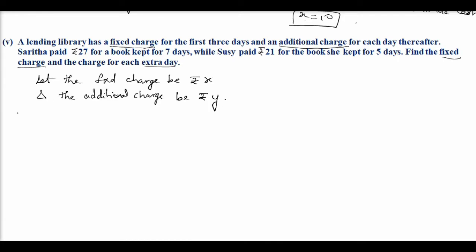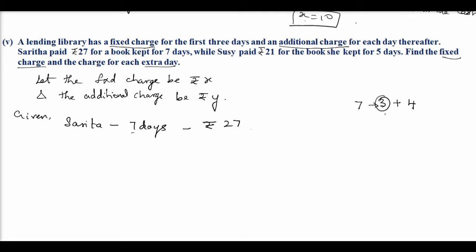Now, the first condition given is that Sarita had the book for 7 days, okay, and she paid rupees 27. This is the first condition. So 7 days means the fixed charge is for 3 days, isn't it? So 7 days can be split as 3 days plus 4 days.